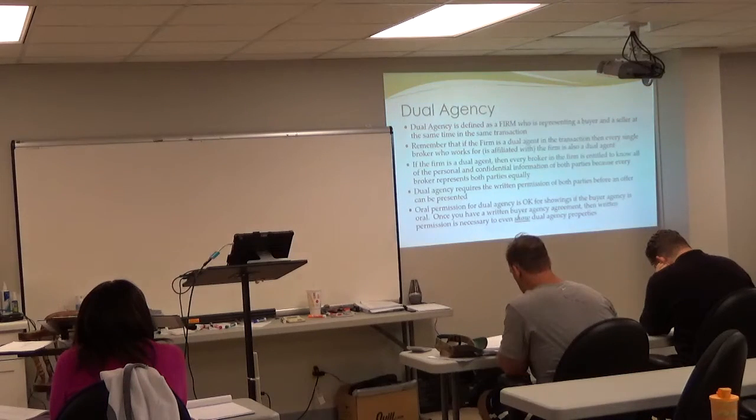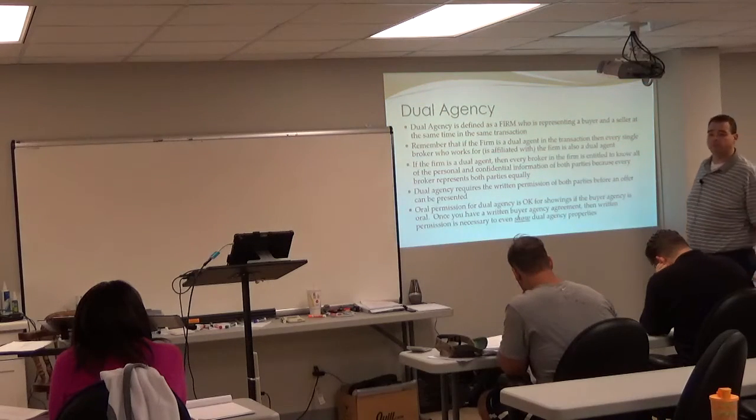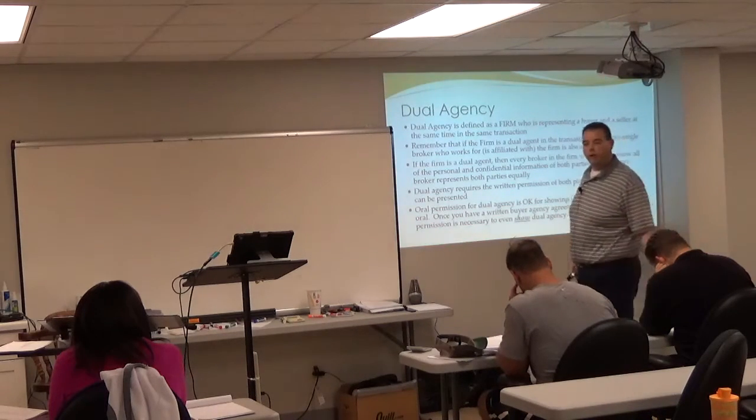What kind of agency relationship is this? It's dual agency. I tell you what it's not. It's not designated. You know why? They didn't tell us it was designated. You don't ever assume designated dual agency. Even though there's two separate brokers in the firm, it's just what?